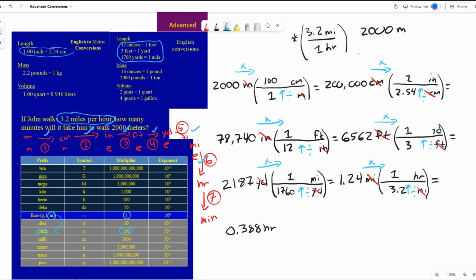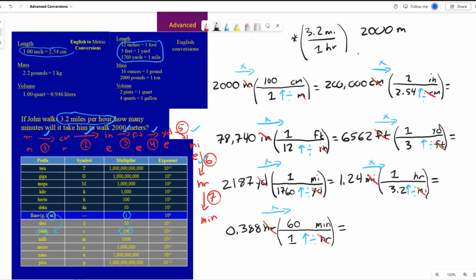Now, our last step, we just converted from miles into hours. Our last step is to convert from hours into minutes. So this will be our last conversion factor. Put hours on the bottom. That's what we want to cancel out. End up with minutes on the top. That's what we want to get to. And for every 1 hour, there are 60 minutes. So now we're set up so that hours and hours will cancel. We'll multiply across and then divide going up.